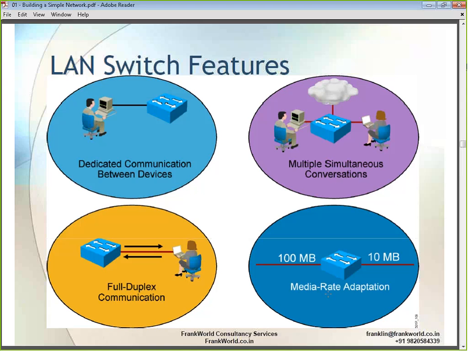Now, let's take an example wherein the switch supports 1 Gbps, and the computer supports 100 Mbps. In that case the switch effectively is going to provide 100 Mbps.